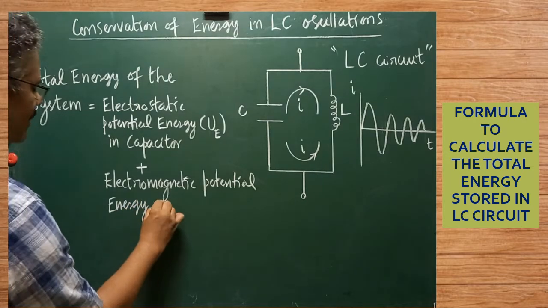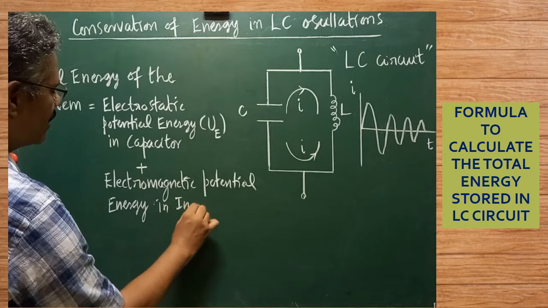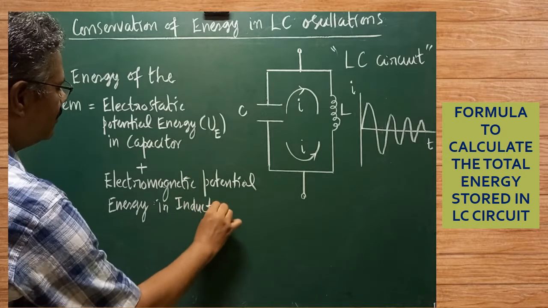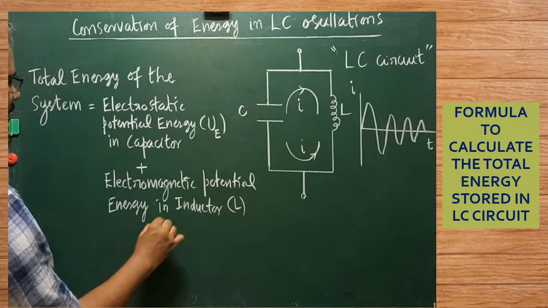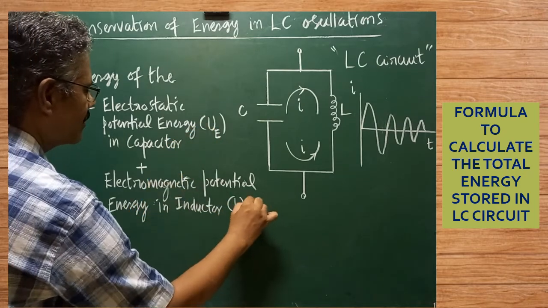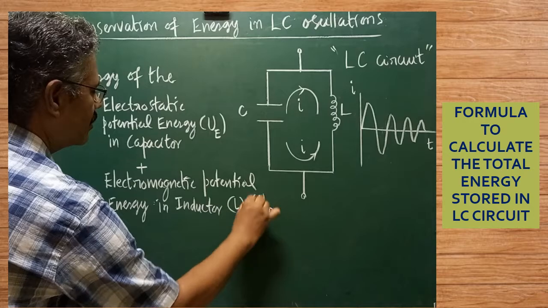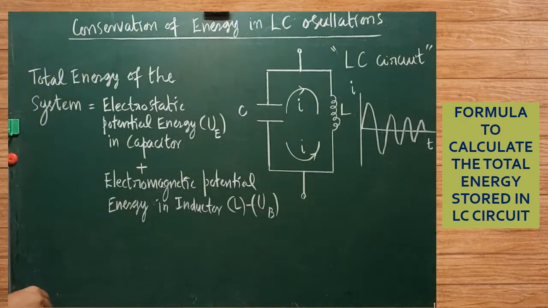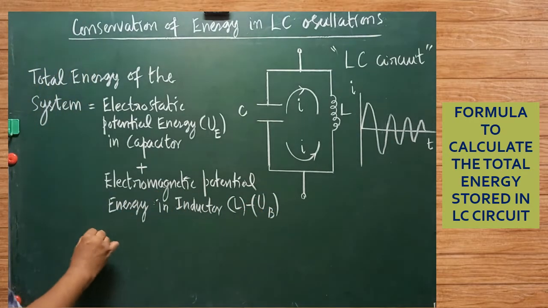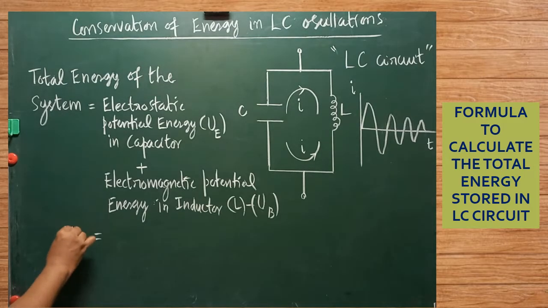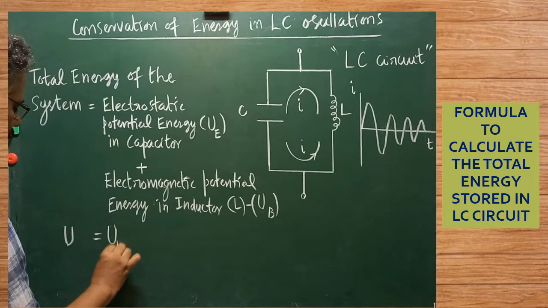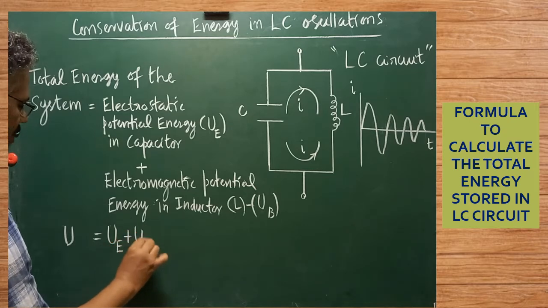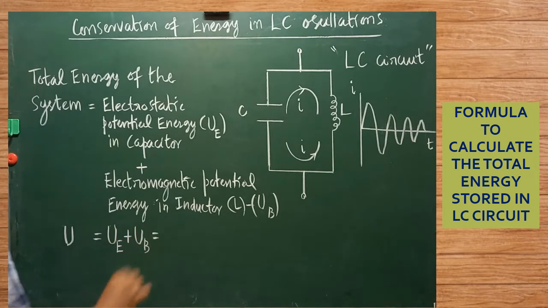Such kind of energy is stored in the inductor, that is in L. This energy can be called UB. UB is the symbol for electromagnetic potential energy. So on the whole, the total energy U can be written as UE plus UB.